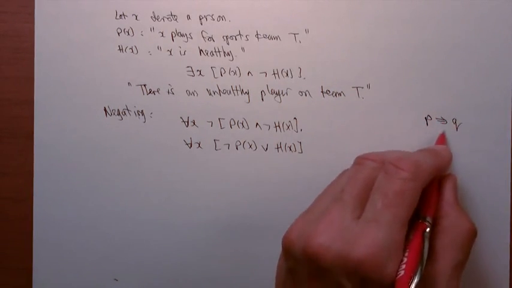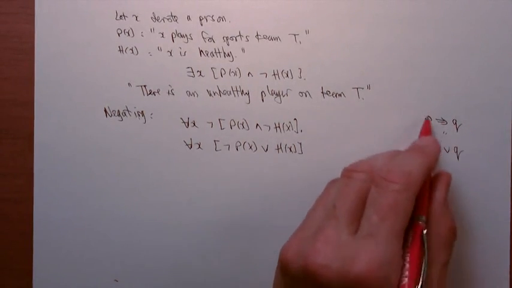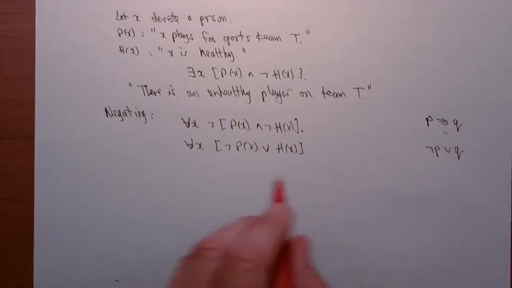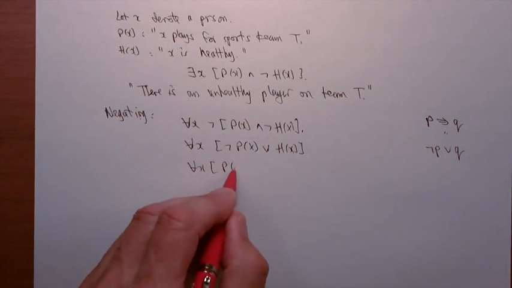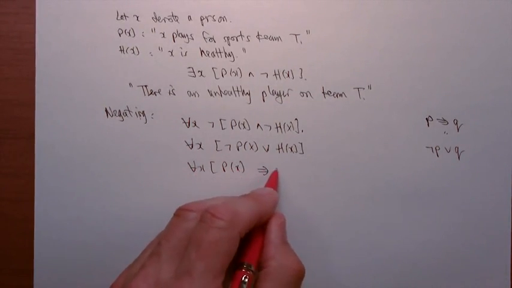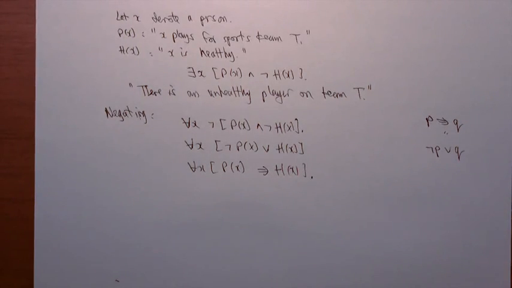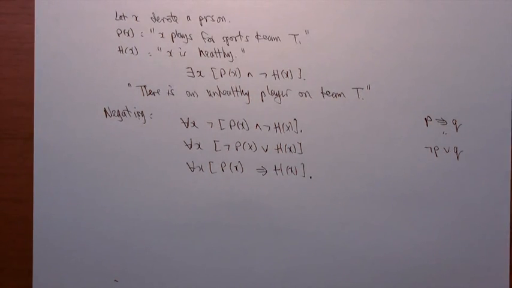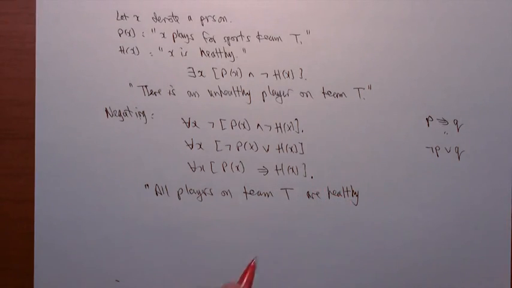P conditional Q means the same as not P or Q. They had the same truth table. So this can be rewritten as for all x, if p of x then h of x. In English, all players on team T are healthy.